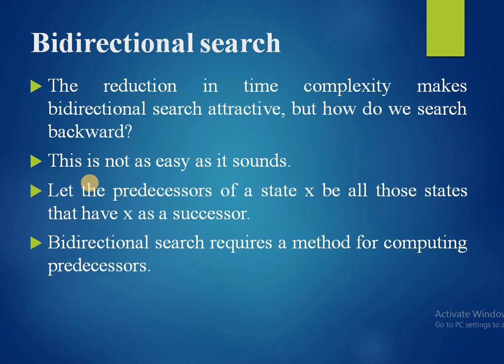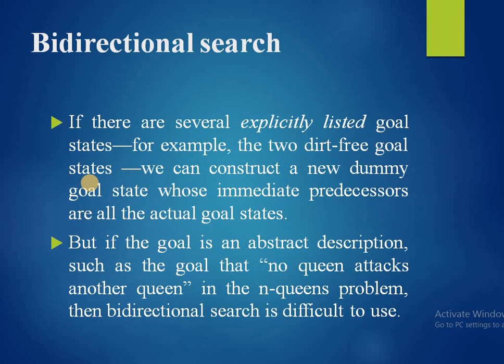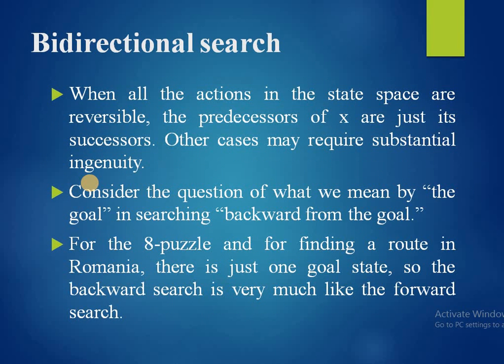Bidirectional search requires a method for computing predecessors. When all the actions in the state space are reversible, the predecessors of X are just its successors. Other cases may require substantial ingenuity.